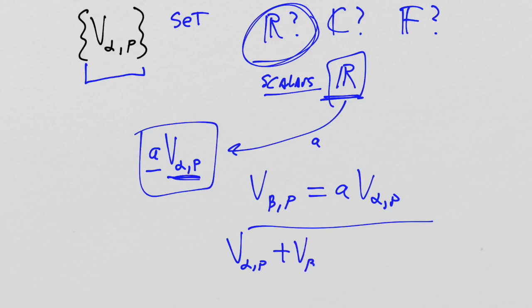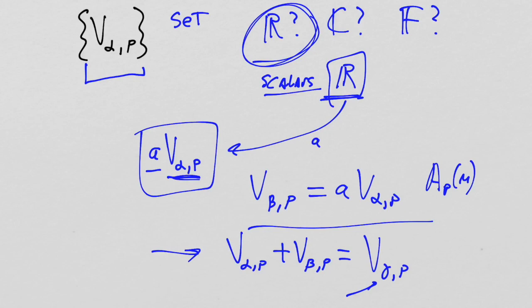I can define an addition, and that result has also got to be a member of the set, which means that there's some other curve gamma, also a member of the set, that the directional derivative with respect to this curve gamma is logically related to the sum of the directional derivatives with respect to the curve alpha and the curve beta.